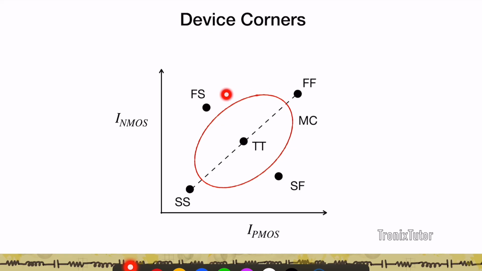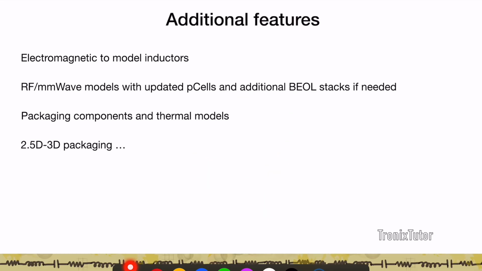So many times you'll see that designs may not close at FF or SS, but slightly less, depending on how much the design house trusts the Monte Carlos versus how much you trust the corners. So again, that's something that comes with experience, that comes with the confidence the foundry has in delivering silicon data. So it depends on how many years the particular technology has been running in the foundry.